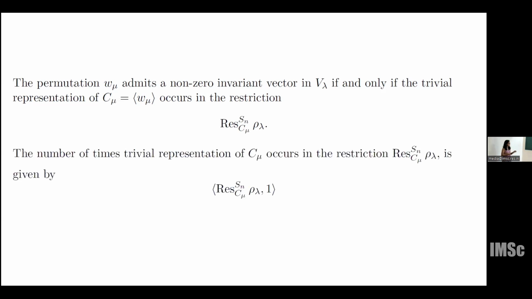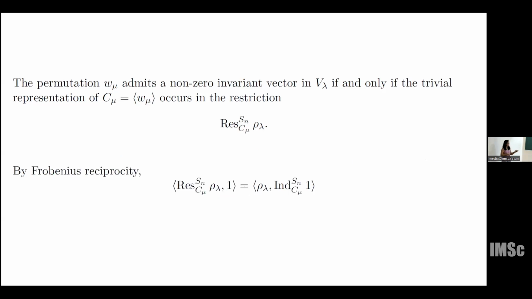By Frobenius, we use the inner product to count the number of times any irreducible representation occurs in the restriction. By Frobenius reciprocity, the number of times the trivial occurs in the restriction from S_n to the cyclic group generated by w_mu is the same as the number of times rho_lambda occurs in the induction of the trivial from the cyclic group to S_n.